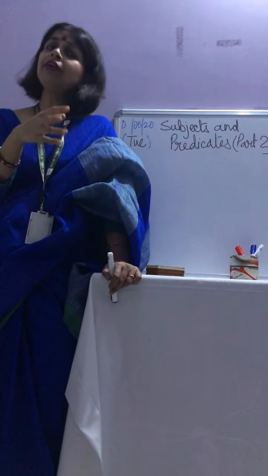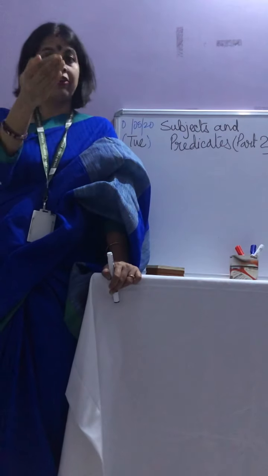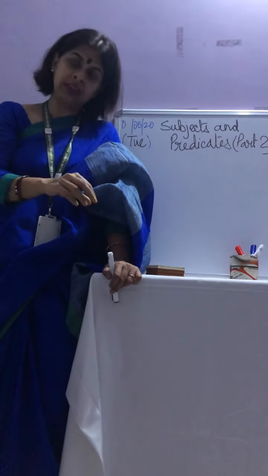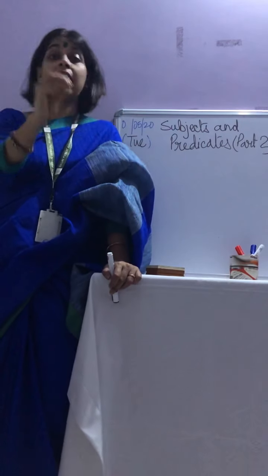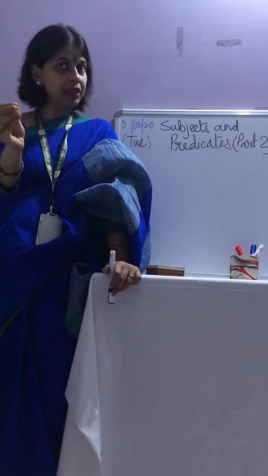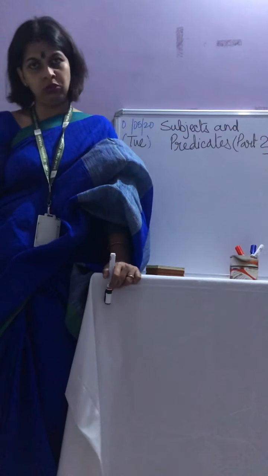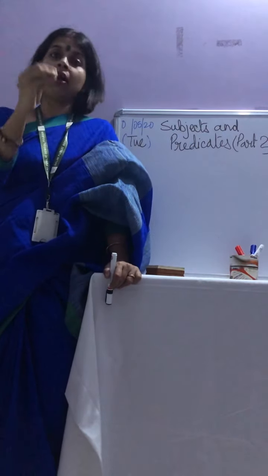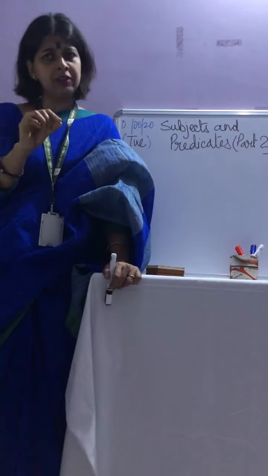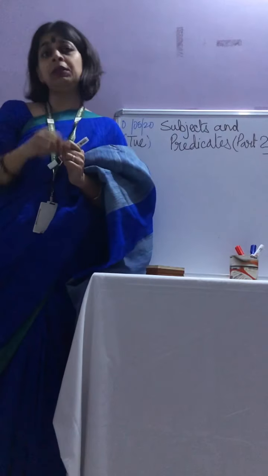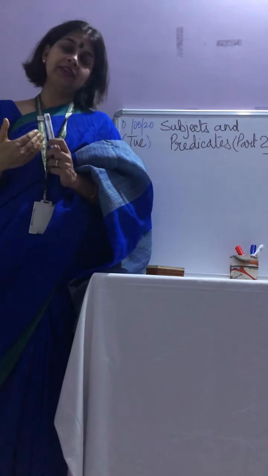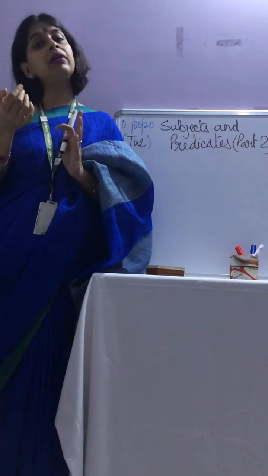Now, our grammar textbook also has a lot of exercises in the book itself, so that can be used as a workbook. We are not going to repeat those exercises in the notebook. Wherever in the grammar book there are no proper lines or spaces to write, we write those exercises in the grammar notebook.